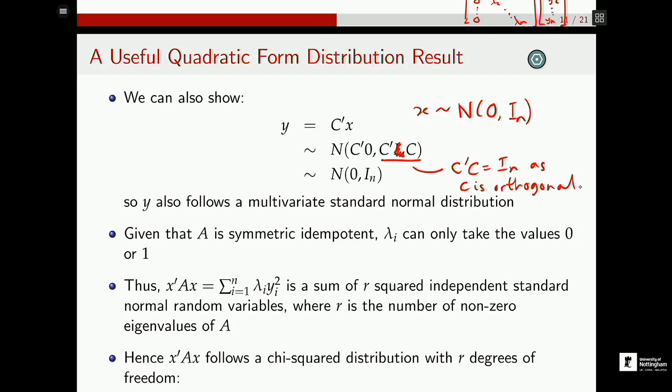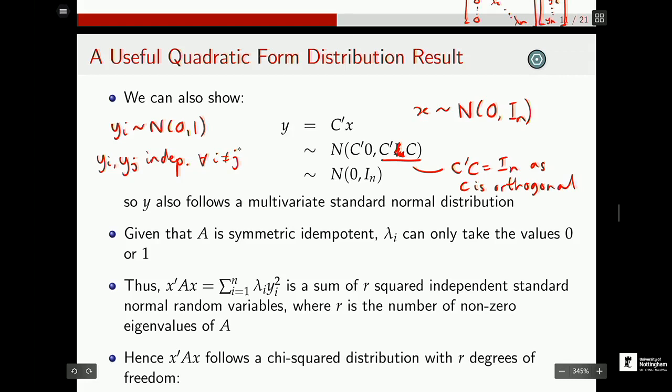It's got the same properties as X. The fact that we've pre-multiplied by C transpose hasn't changed the properties. So in our vector Y, each element must be normal 0, 1, and two different elements must be independent of each other because of that property that they're multivariate standard normal.